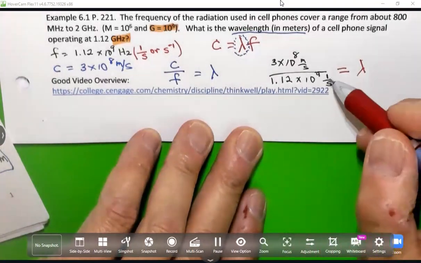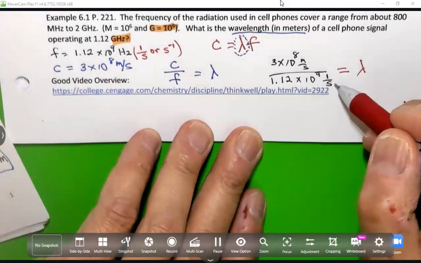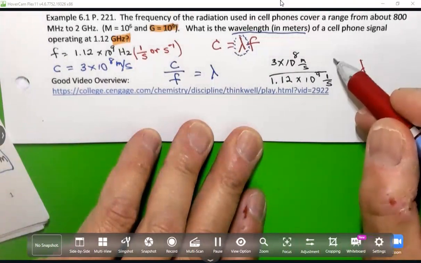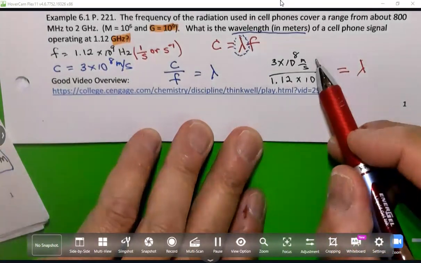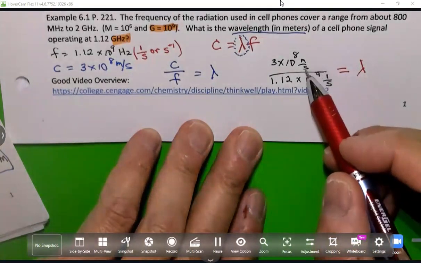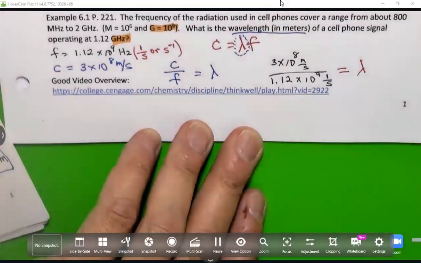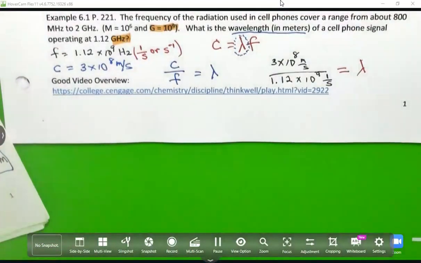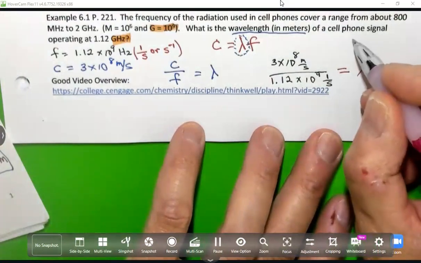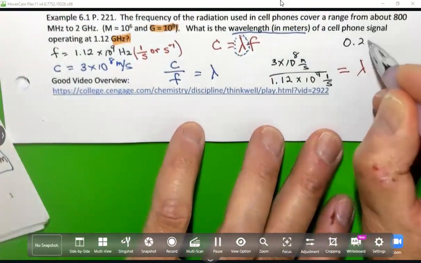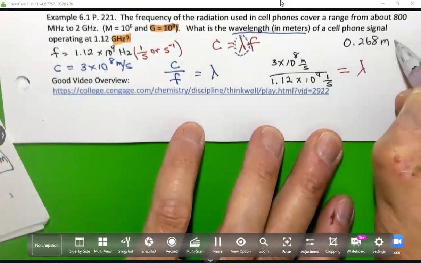Another way to look at this is to take this fraction down here, flip it, and multiply. Then you have seconds on top, which cancel with seconds on the bottom. If we divide that out, we get a wavelength of 0.268 meters.